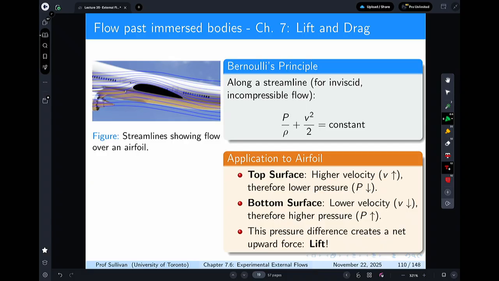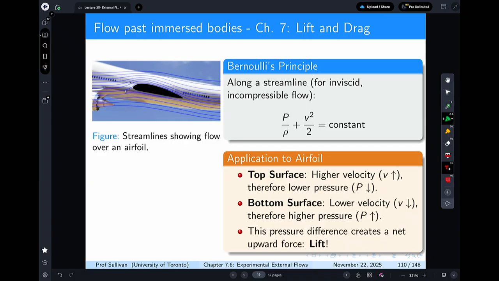We've done a lot of work, so you're going all the way back to chapter 3. You have the Bernoulli equation, and we're not dealing very much with height. We deal mainly with pressure and velocity, so kinetic terms. For airfoils, you essentially accelerate the flow because you're making the total cross-sectional area smaller.